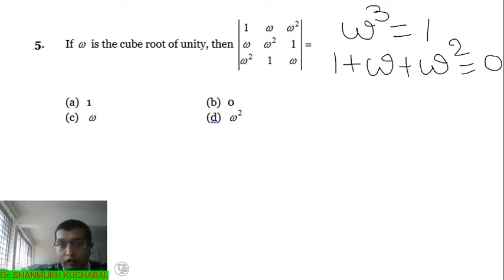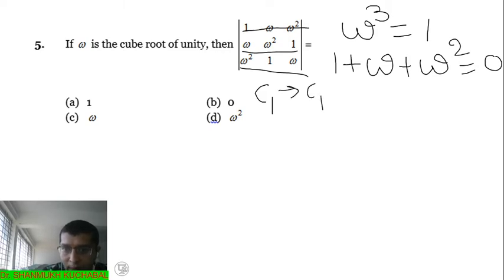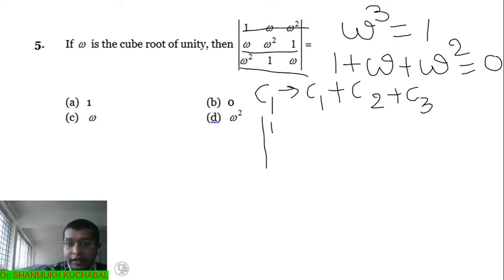Now what we observe, 1 plus omega plus omega square, every row it is present here. So what I will do is, column 1 changes to column 1 plus column 2 plus column 3, and we get this as 1 plus omega plus omega square, right?